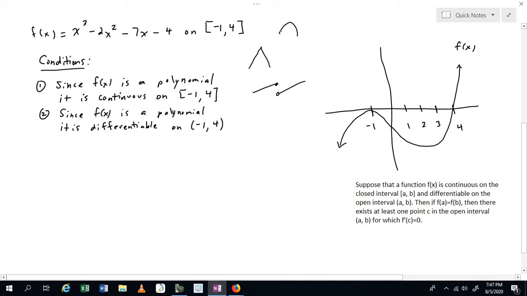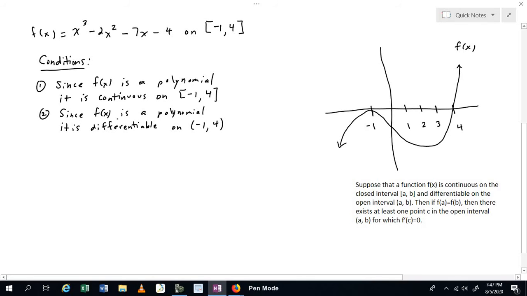But again, polynomials are continuous everywhere, so you have no discontinuities. And then also you might have a vertical tangent line. Derivatives don't exist at a point where you have a vertical tangent line. But polynomials never exhibit that kind of behavior.